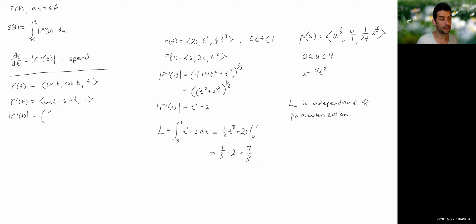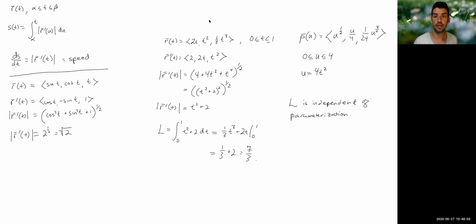So I get cosine squared t, and when we square the negative, we get rid of it, sine squared t, plus 1, taking the square root. Well, we know cosine squared plus sine squared is 1, so we've got 1 plus 1, or 2 to the 1/2, and I'll use root 2 for my notation. This is our magnitude.